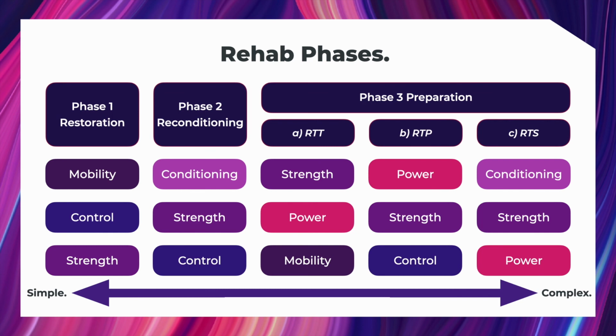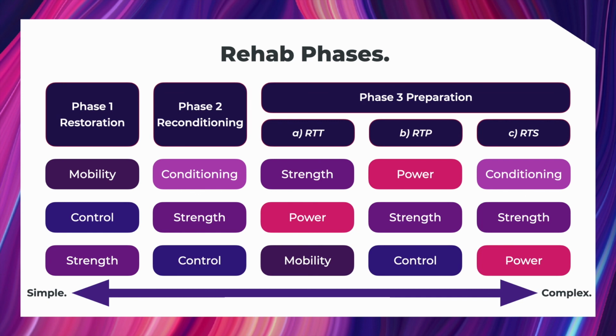Now you'll notice that at no point did we discuss timeframes. There's no 'you're in phase 1 for 4 weeks, then phase 2 for 8 weeks, then phase 3 for 3 weeks.' That's completely dependent on the patient's injury and how quickly they adapt. And it's not a fluid thing.